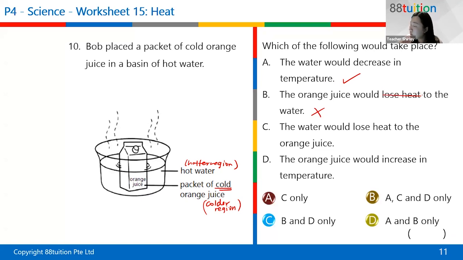It should be, it would gain heat from, because the orange juice is the colder region, so it will gain heat from the hotter region, which is the hot water. The water will lose heat. This is correct because, like I said, the water is the hotter region. The orange juice will increase in temperature. That's correct. So the answer is B. A, C, and D.